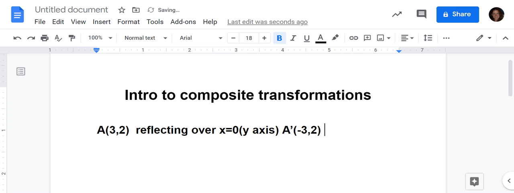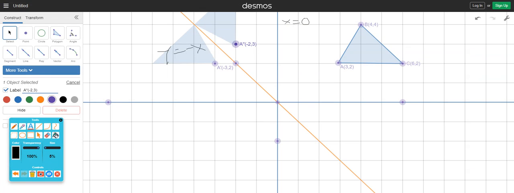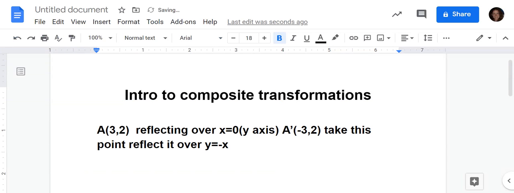Now we're going to take this point and reflect it over y equals negative x, and we get A double prime, which is negative 2, 3.